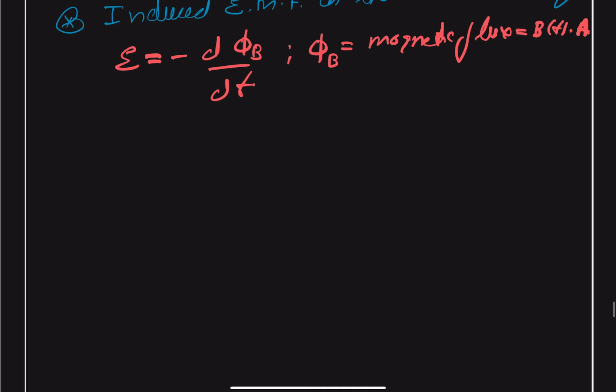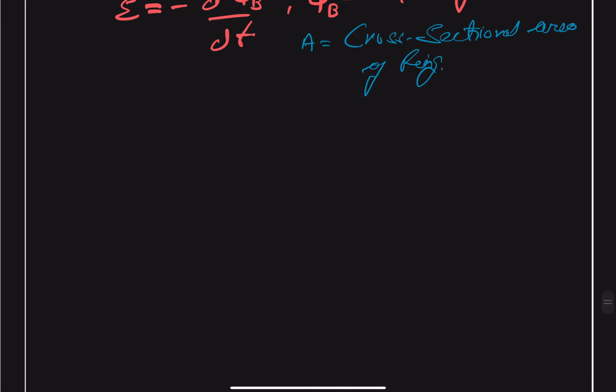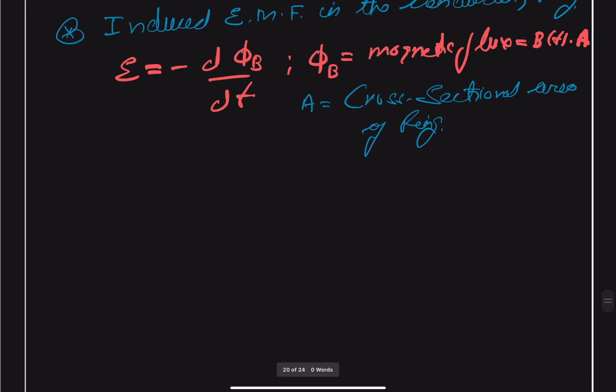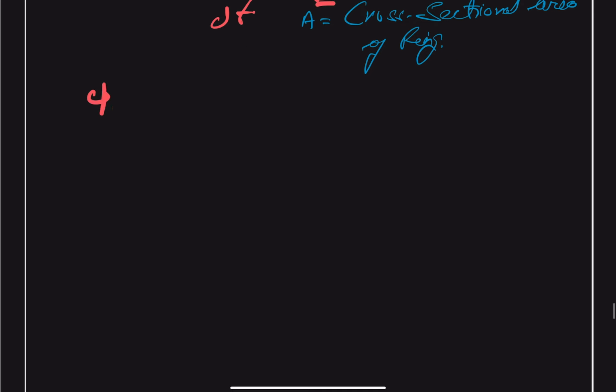A is the cross-sectional area of the ring, and we substitute our magnetic field, so we get our flux phi of B will be equal to mu naught n I naught sine omega t multiplied by area.